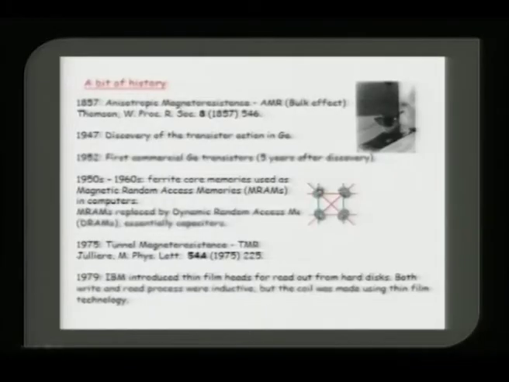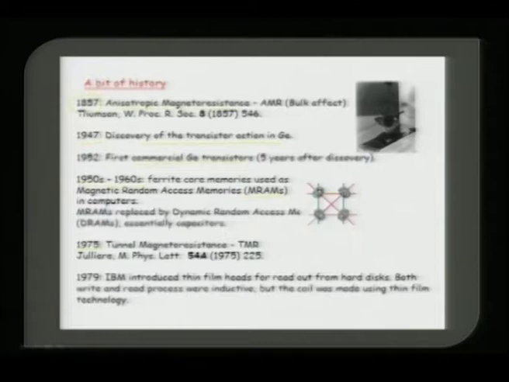A bit of history: anisotropic magnetoresistance was reported as early as 1857, and in 1947 there was the discovery of transistor action in germanium. In 1952 germanium transistors were discovered. Then in the 1950s and 60s random access memories in computers were brought in, in the USA.